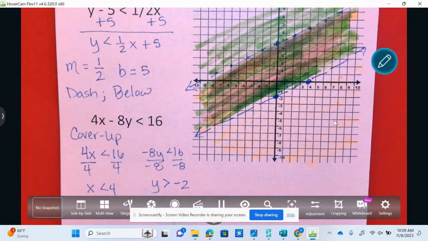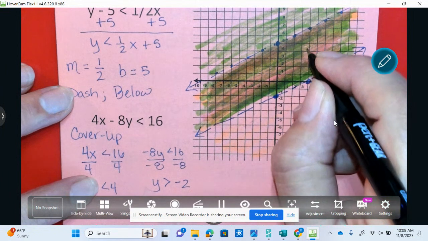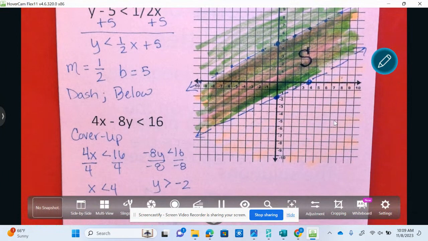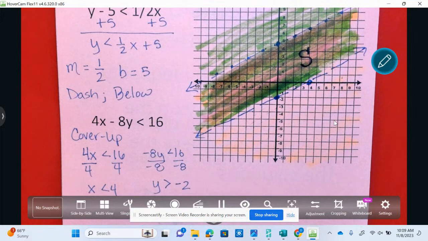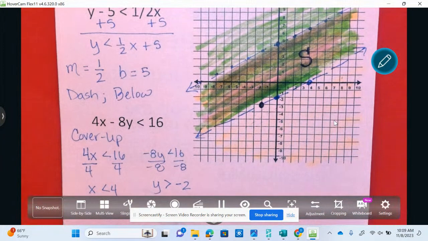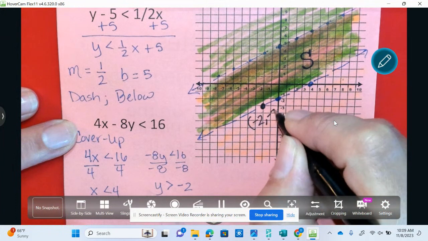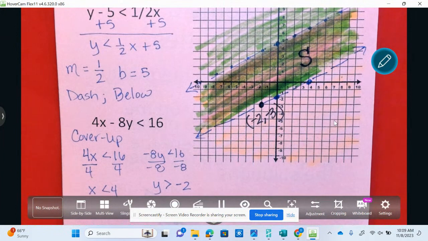Yeah. The only other thing I'm going to do here is write what inside my solution area? An S. So the question says, is the ordered pair negative 2, negative 3, that's this point right here, a solution? Why?